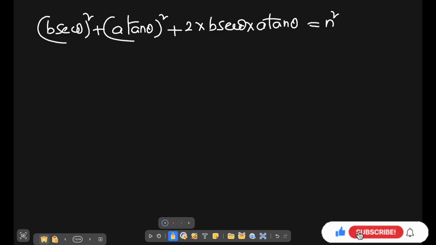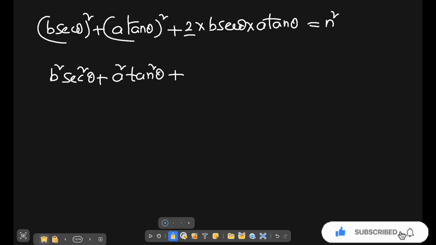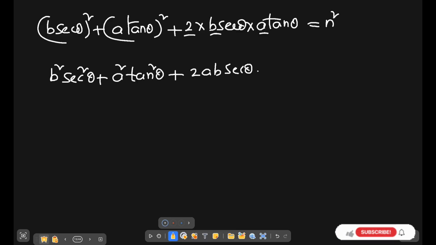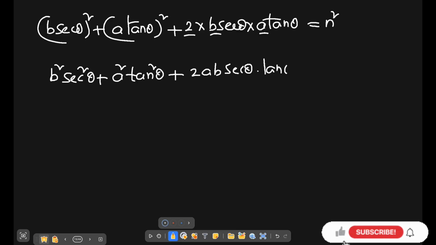Now (b sec theta) whole square is b square sec square theta, plus (a tan theta) whole square is a square into tan square theta. Now here 2 into b into a, 2ab sec theta into tan theta, equals n square. So this is equation 2.